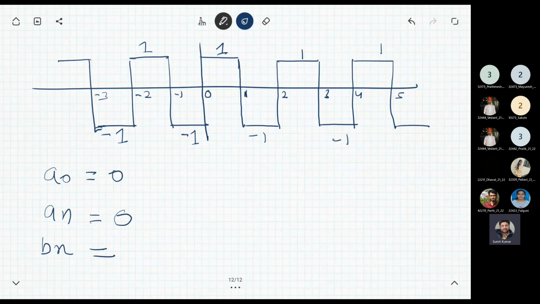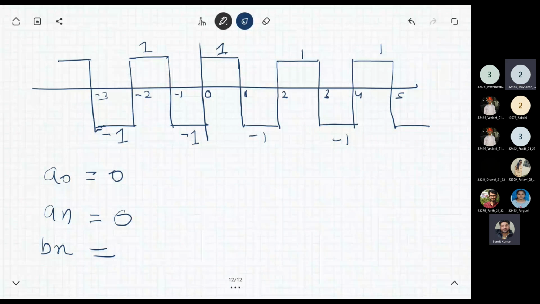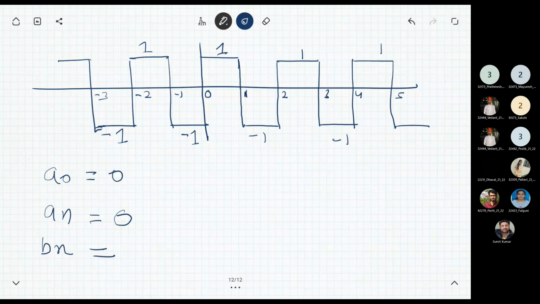Hello? What is the value of bn that you got here? So 2 upon n pi into bracket cos n pi minus 1.